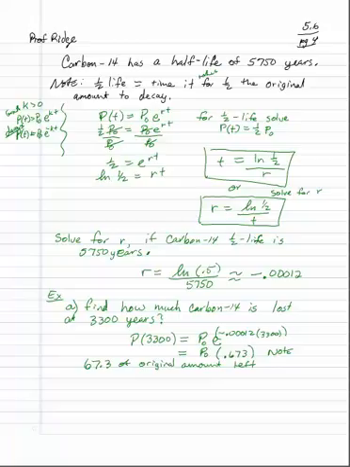So you're going to do 100% minus 67.3%, which is the amount that was lost, which would be 32.7% of the original amount was lost.